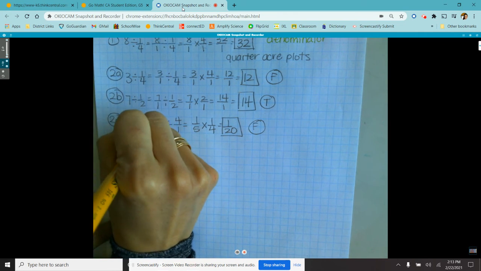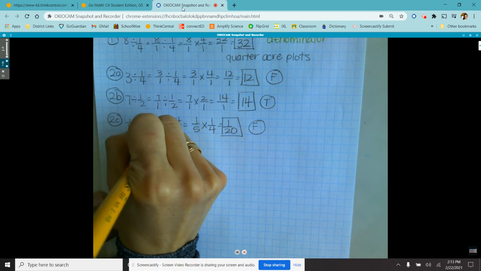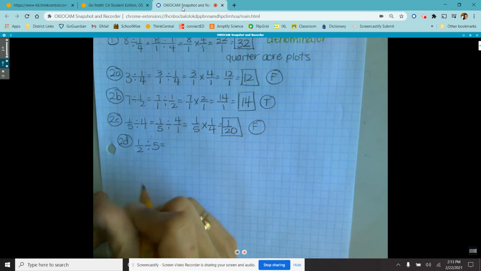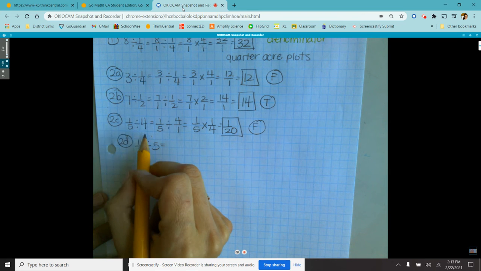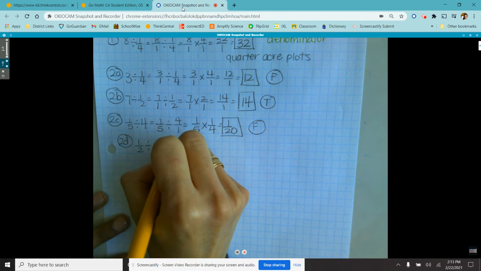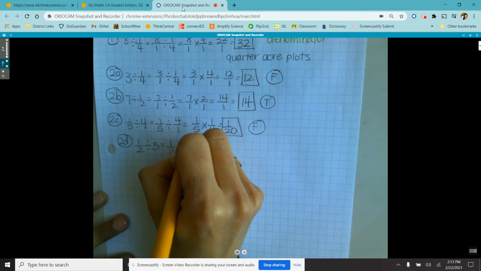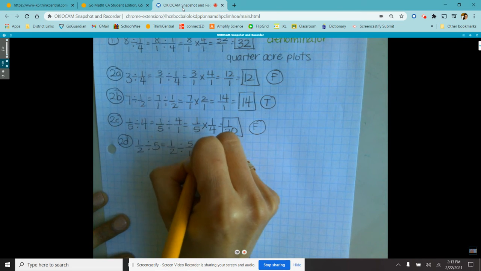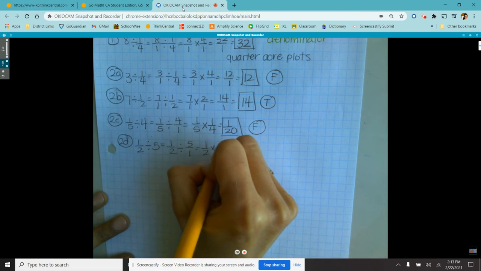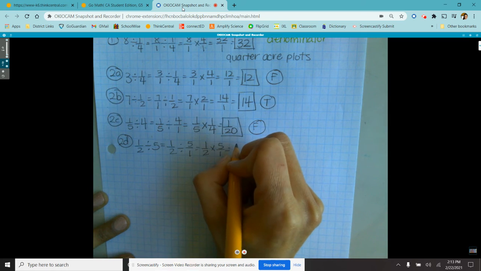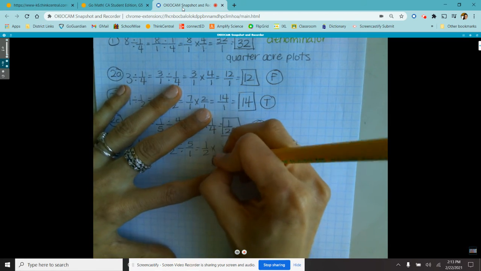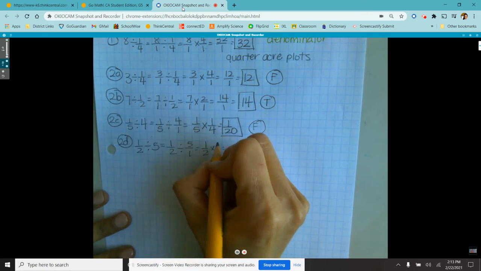2D, we get a half divided by 5. So when the divisor is a whole number, we're going to end up multiplying fractions. It's the same thing I did in the last one. I forgot to flip the reciprocal.